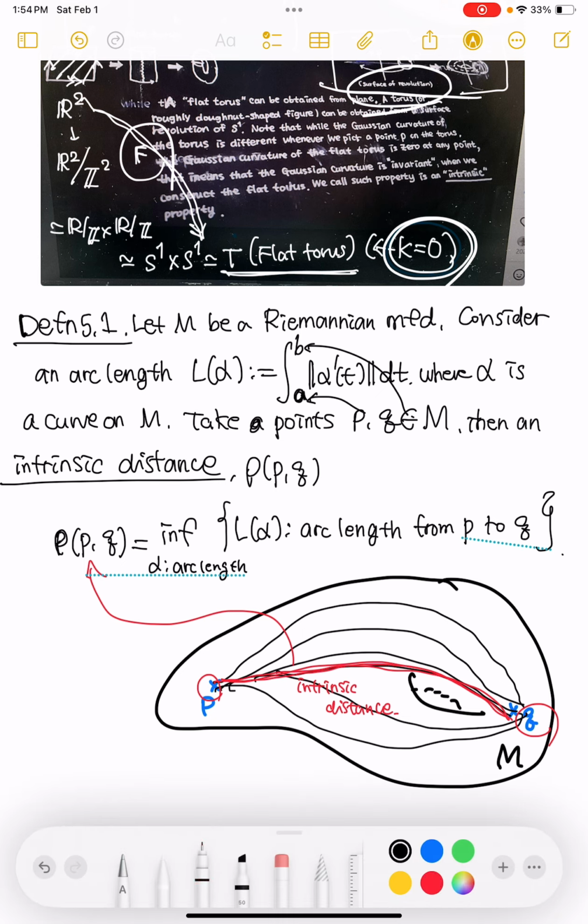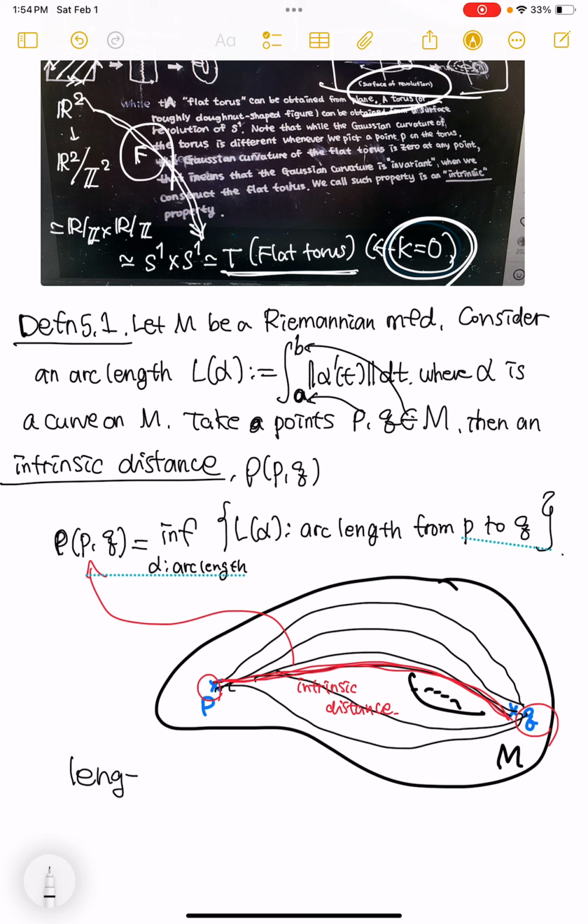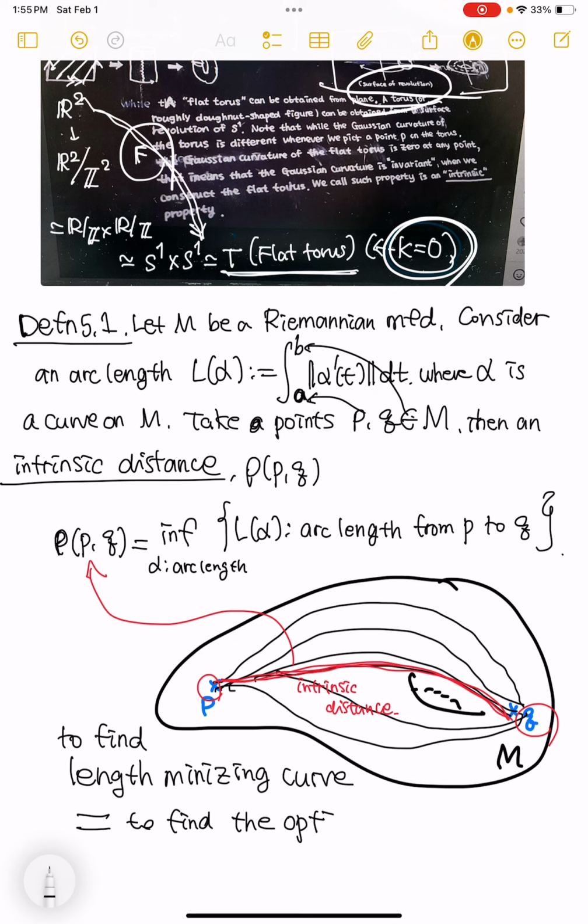So that is related to the length-minimizing curve. More fancily, that is to find the optimal transport between two points.